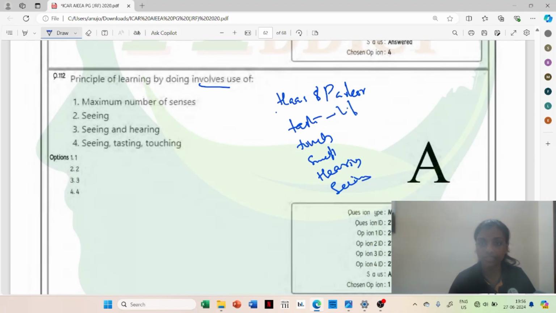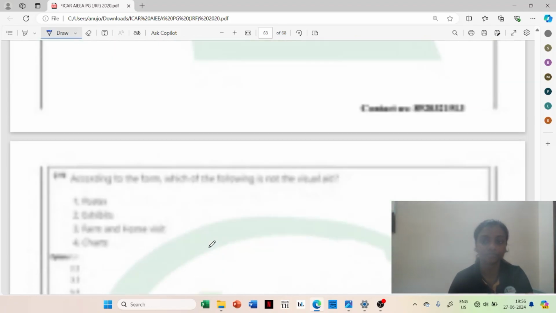Through taste only 1%, through touch 1.5%, through smell 3.5%, by hearing 7%, and 83% of learning is through seeing. So just remember this one. As more and more senses are involved, as in learning by doing, the learning will be higher. So the answer is maximum number of senses, option A.